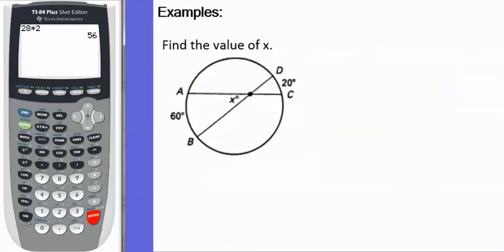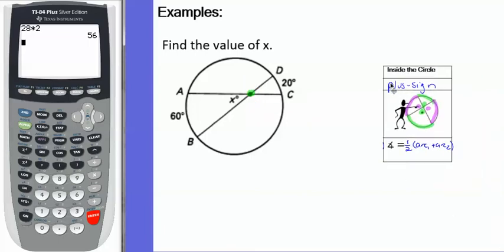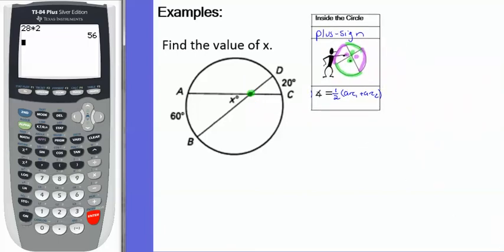Oh, if I look at my vertex, this one is inside the circle. So if I check out what we've already done, I call that plus sign, and I have to add the arcs together. So let's look. Here's my X. Let's see where my flashlight is shining. It's shining on the 60 and on the 20.